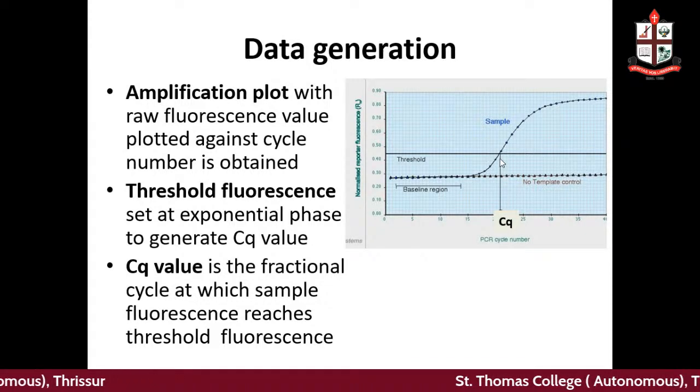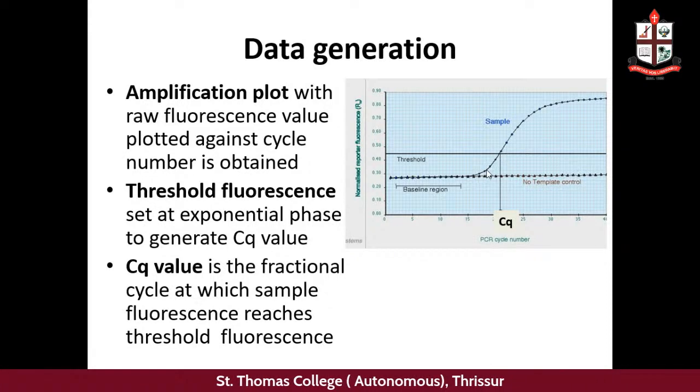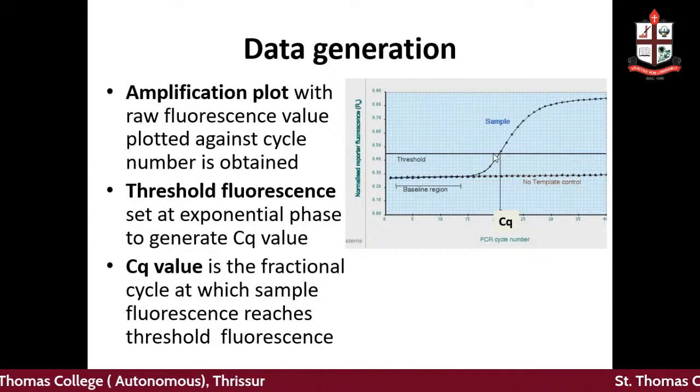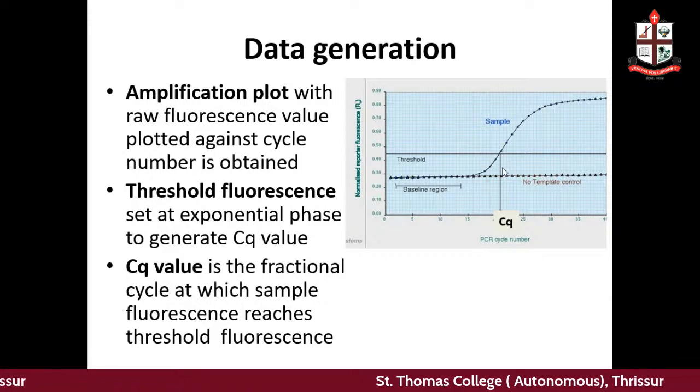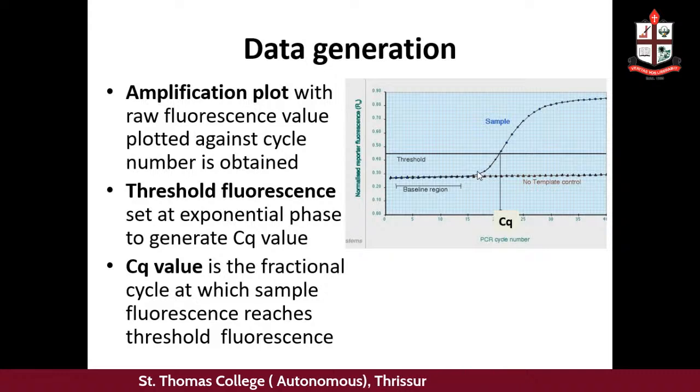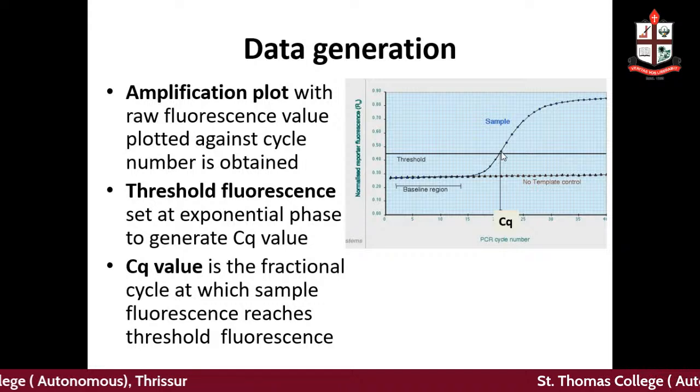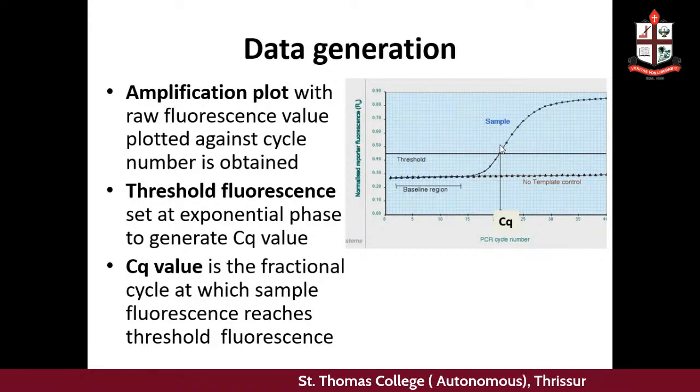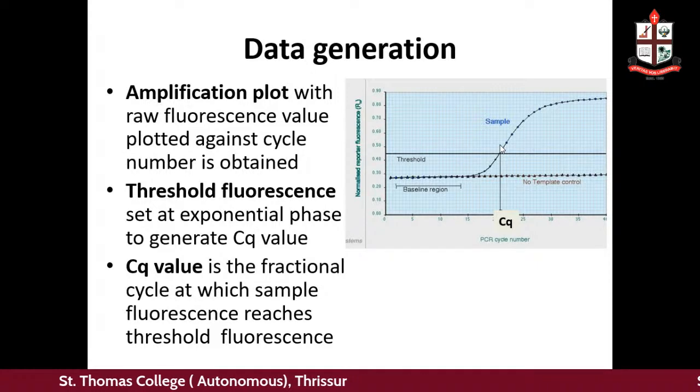Cq data is the fractional cycle at which the amplification curve touches the threshold fluorescence that we have fixed. That's the fractional cycle number where the fluorescence from the PCR reaction reaches this threshold fluorescence. So that is the basic data that we get from a real-time PCR analysis.